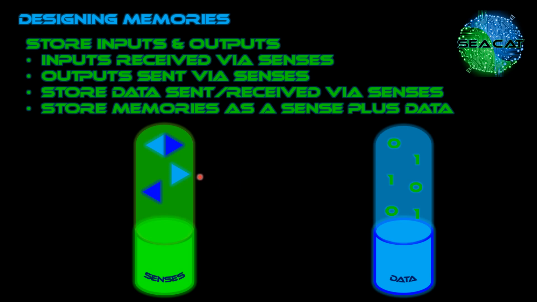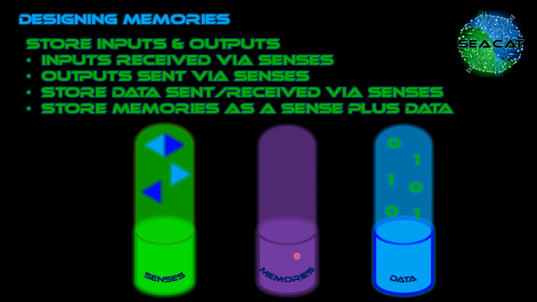When that switch was turned on, we would have a new collection, which was memories, and in there we would take a sense, plus we would take the data, and we would store it as like a new grouping, I guess. It'd be like a mapping. It'd say this memory is this sense plus this bit of data.